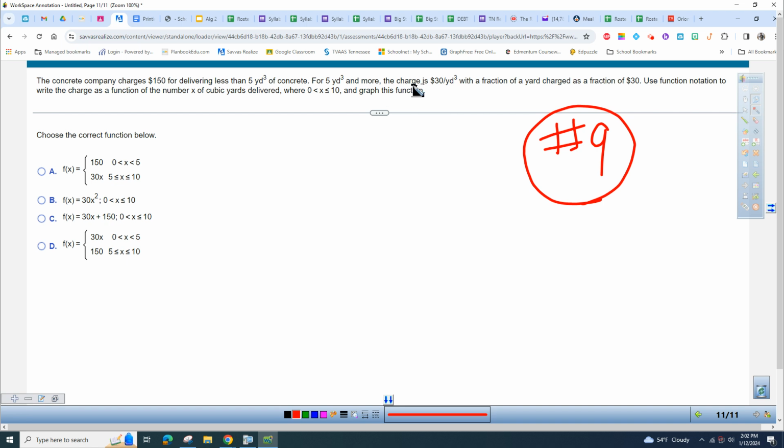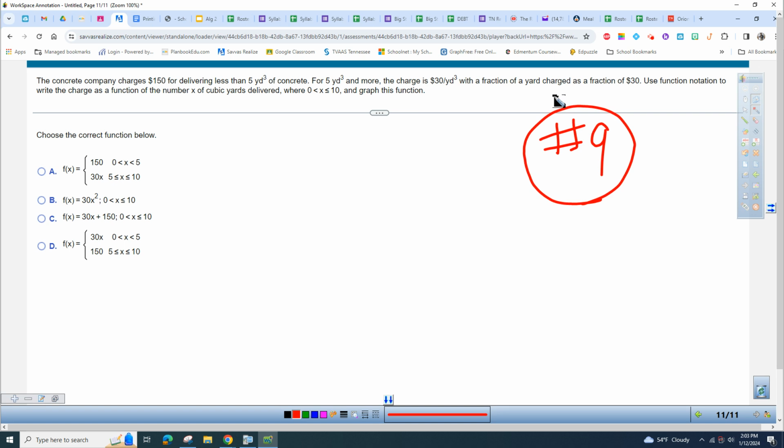So this changes where that closed dot and open dot would be. Okay. And the charge is $30 per cubic yard. And they're going to do that fractionally. So if it's 1.5, they're going to do 1.5 times 30. It's some fraction of this, whatever that is, times 30.